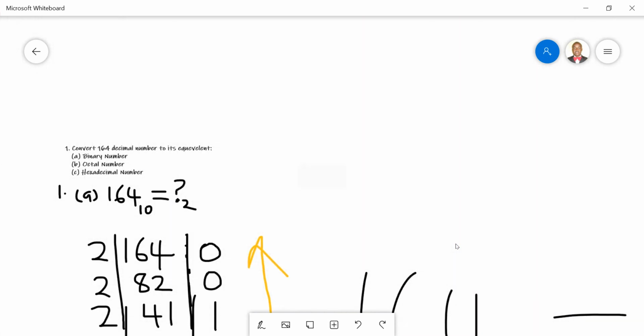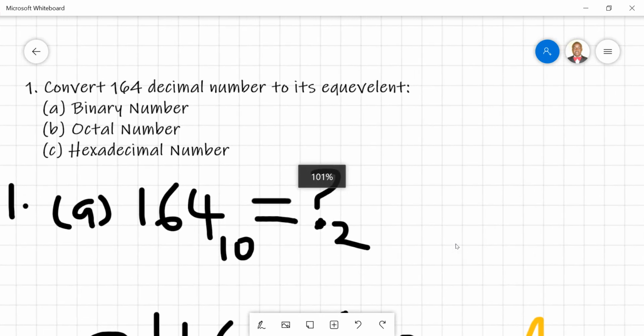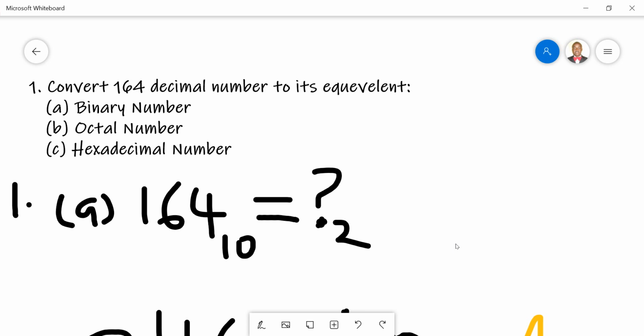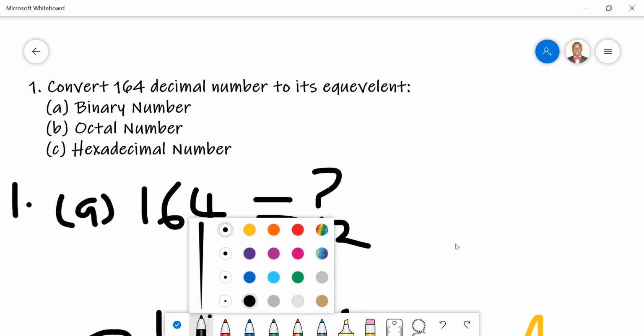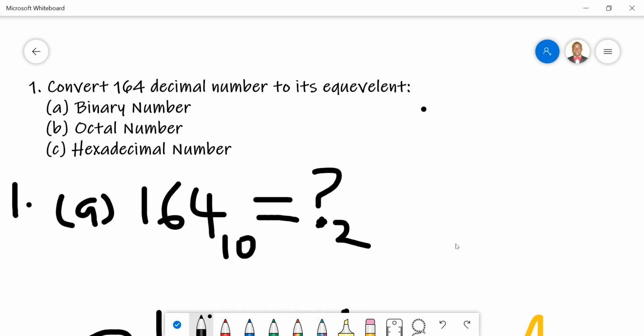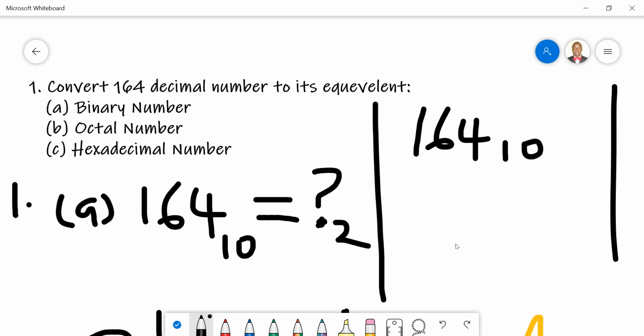So from this question we understand that 164 base 10 is equal to, we get the binary, which is 1 0 1 0 0 1 0 0 base 2.